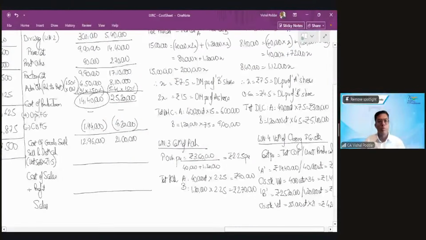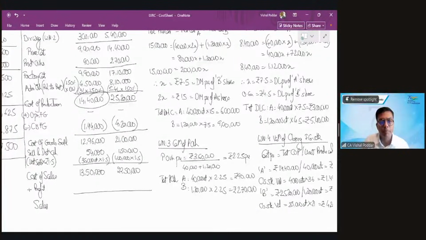Now, how many units are sold? 36,000 units are sold into 1.5. 1 lakh units are sold. It is 1,50,000. So this will be 1350. This will be 2250.